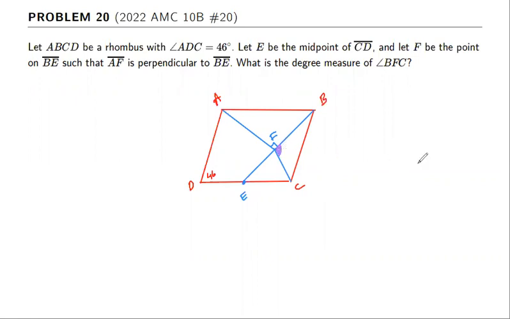Okay, so now let's look at what we can do. We are told this is a rhombus, so maybe it's gonna be helpful. Let's label those segments. So these guys are equal. And then we are told E is the midpoint of DC, so these two are equal to each other.